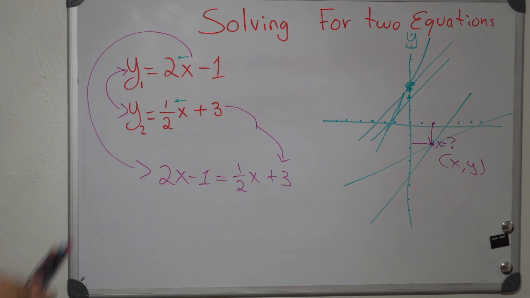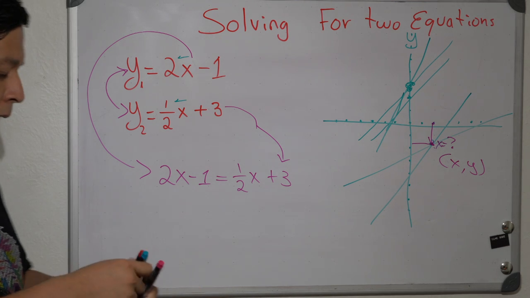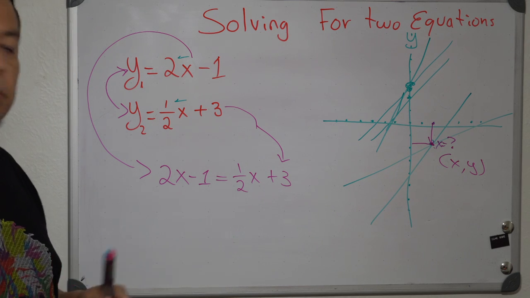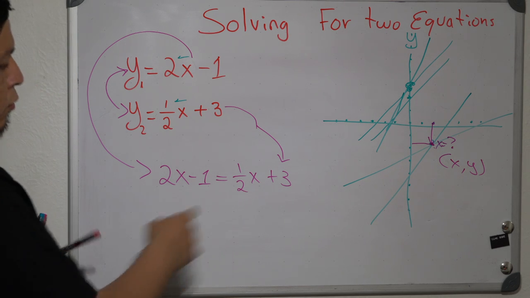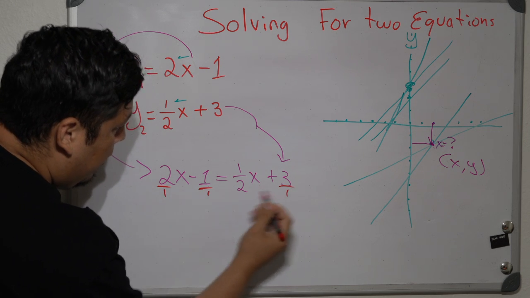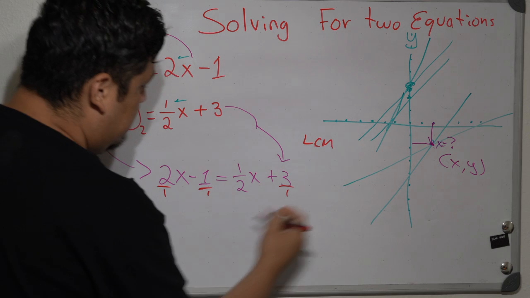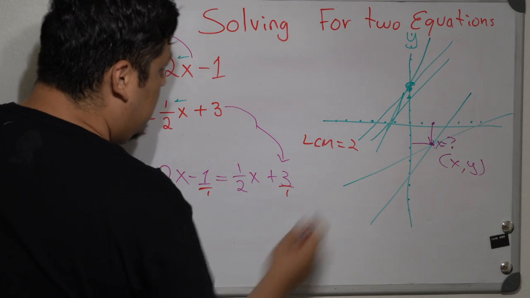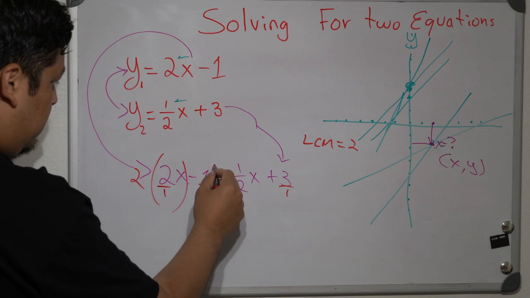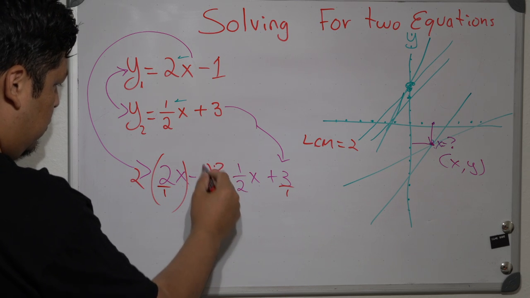And so once again, apply the rules that you learned already. Here we have a fraction, and the lowest common multiple is right away a 2. Remember, these are over 1, over 1, over 1. So the lowest common multiple is 2. Therefore, I need to multiply every single term by 2.